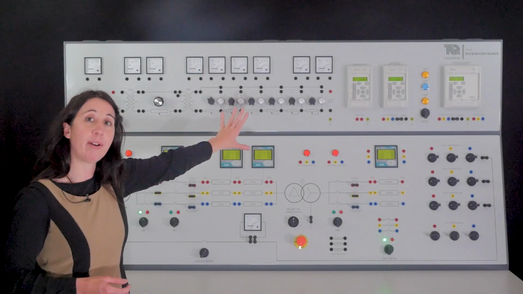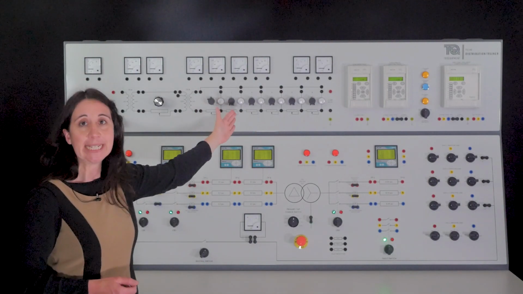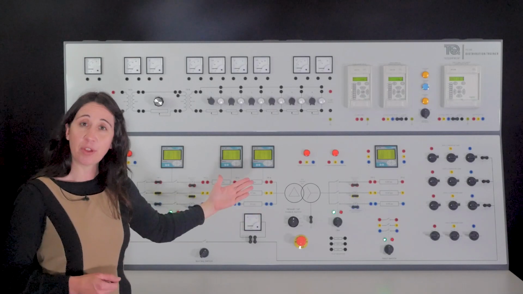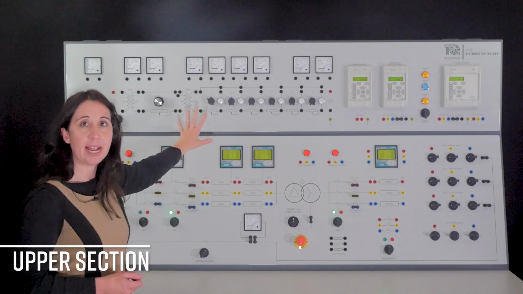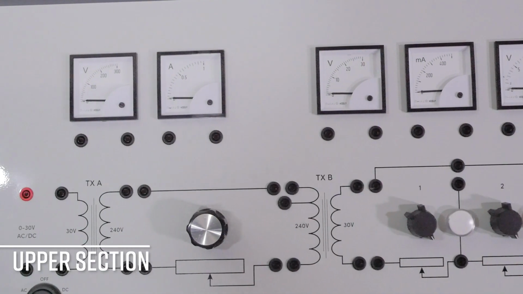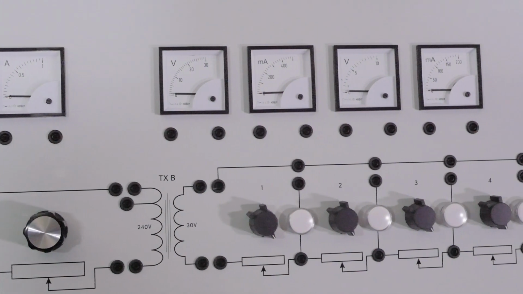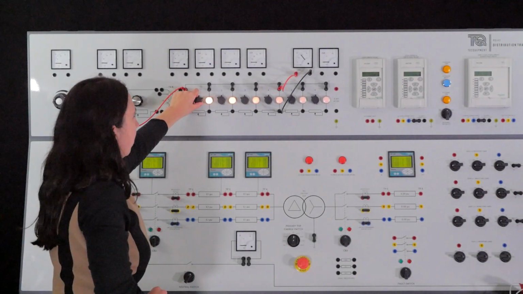The console area at the front has two main working sections, the upper for basic single-phase distribution and the lower for more complex three-phase distribution. Focusing now on the upper level, the upper left-hand section offers a basic distribution model in which the consumers are represented by the lamps and the distributor by variable resistors.